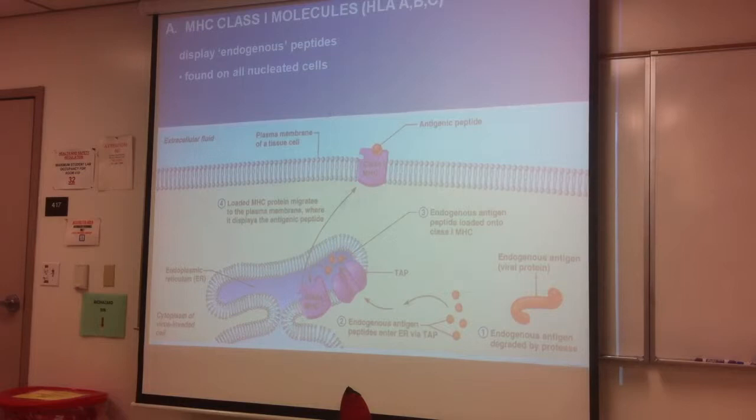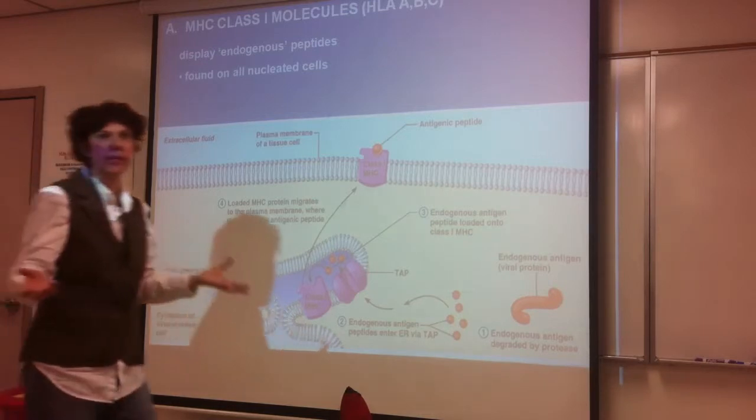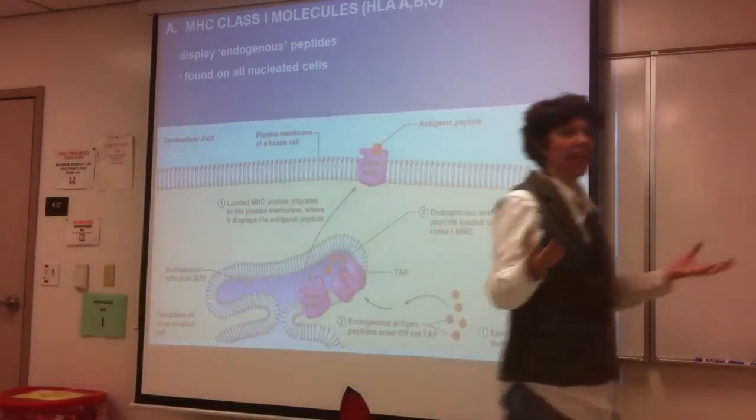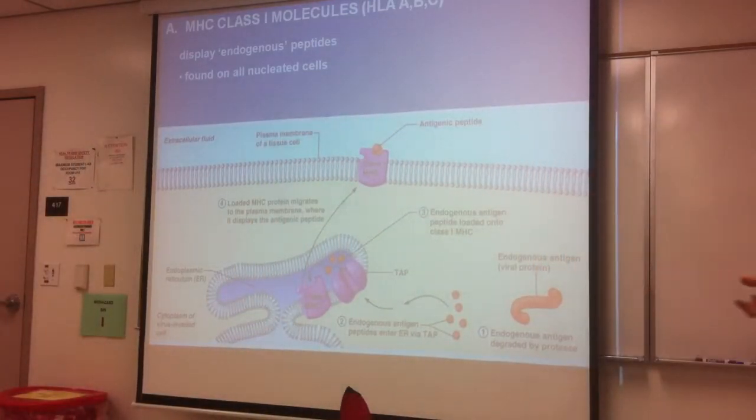They are endogenous peptides. When we talk about MHC class 2, we're going to use the term exogenous. So endogenous means from within. Exogenous means from outside. So how does your body make proteins? Transcription of the DNA into messenger RNA.